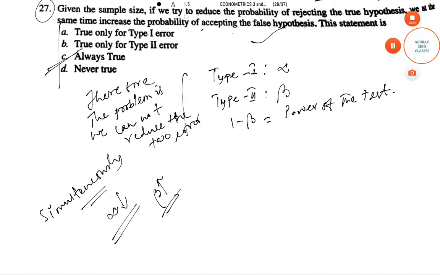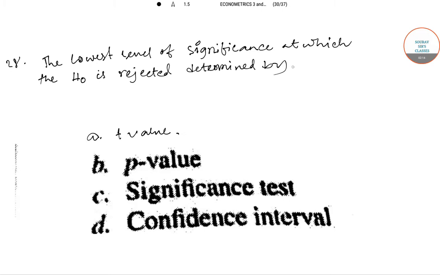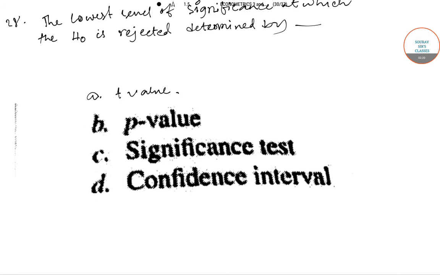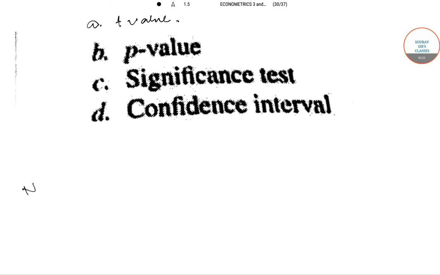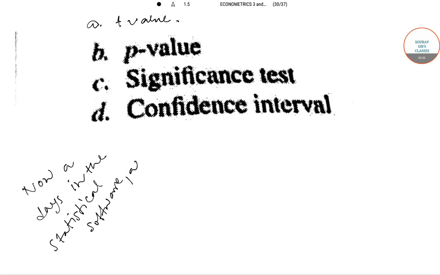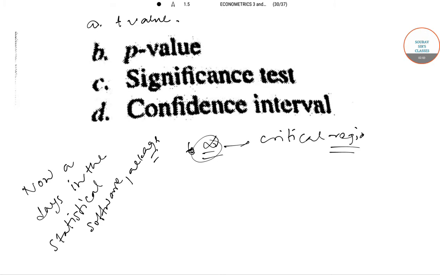Question number 28 says that the lowest level of significance at which H naught is rejected is determined by the t-value, p-value, significance test and confidence interval. Nowadays in statistical software packages, we do not actually get the value of alpha or the value of the test statistic, so the critical region, but rather we get the p-value.